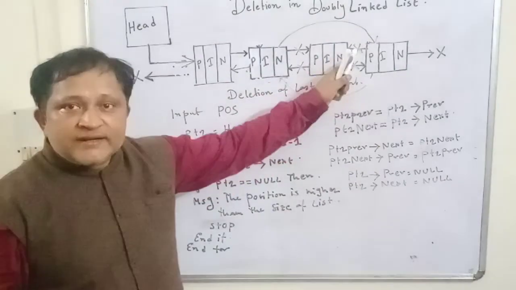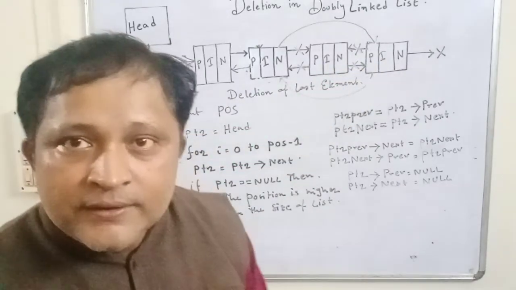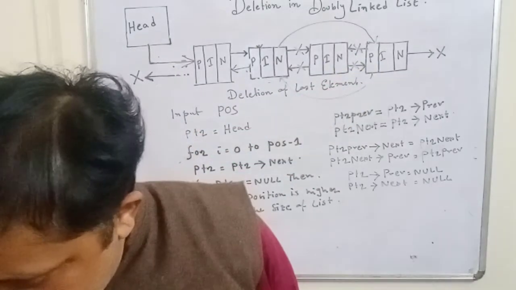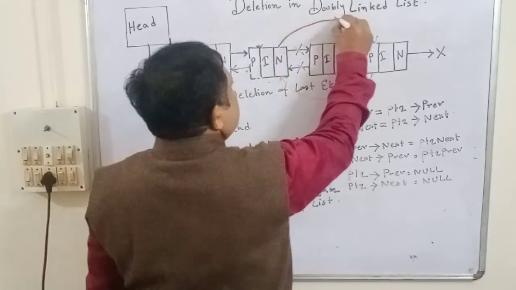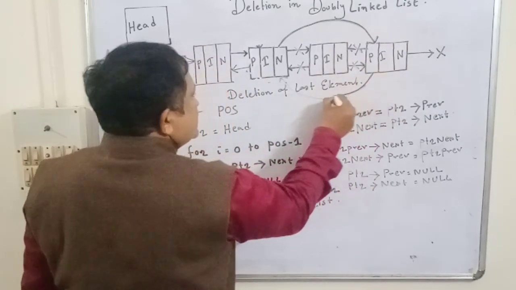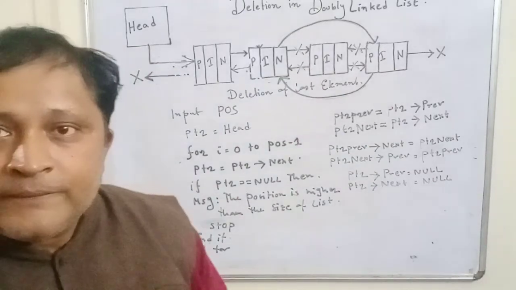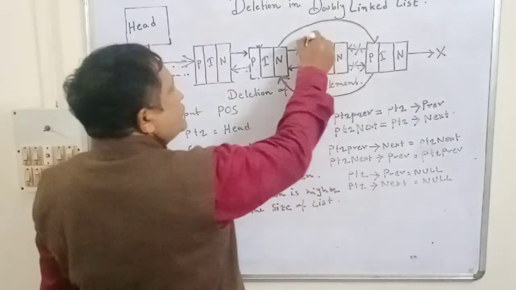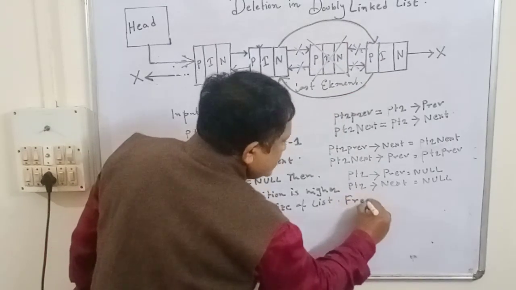These two connectivities are deleted, and the previous node is directly connected to the next of it, and the next is directly connected to the previous of it. In between, this one we want to delete. How to delete? Free PTR.